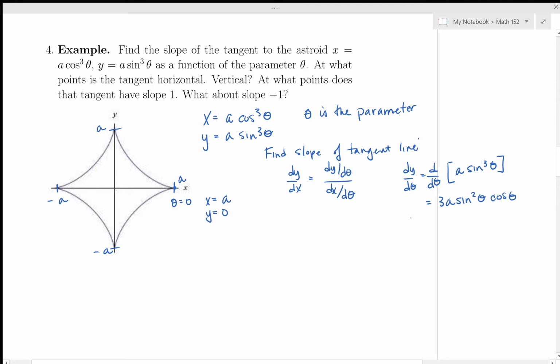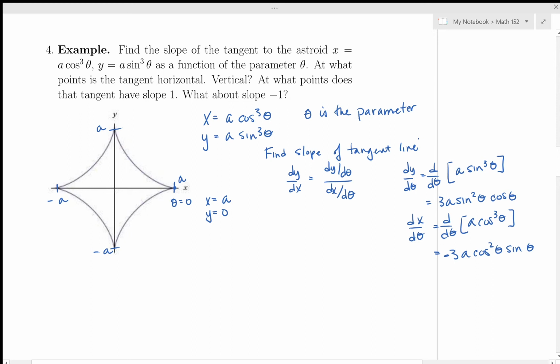And then I can calculate dx by d theta, and that is d by d theta of x, and x is a cos cubed theta. And then that's going to be 3a cos squared theta times the derivative of the inside, which is minus sine theta. So I'll put the minus sign out there, sine theta.